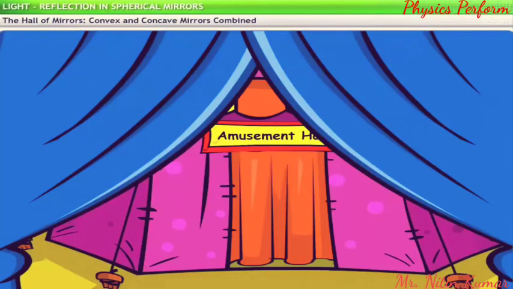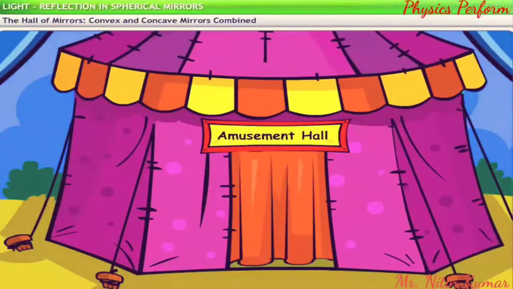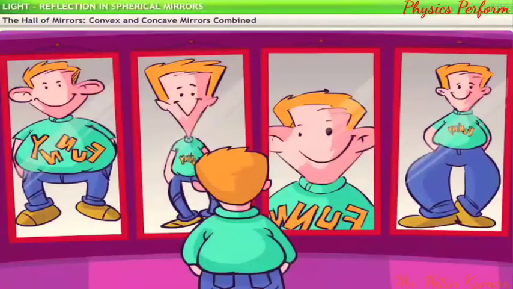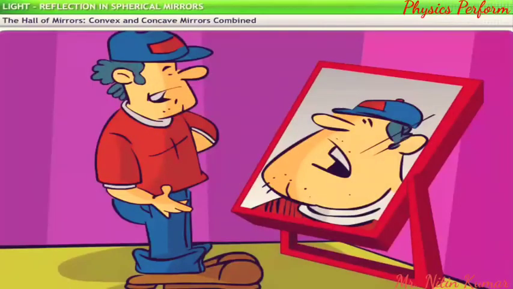Now, based on your knowledge of spherical mirrors, let's examine how these mirrors are used in amusement parks. The hall of mirrors that you saw earlier uses combinations of concave and convex mirrors to show funny, distorted images to the viewer. Concave mirrors are converging mirrors.